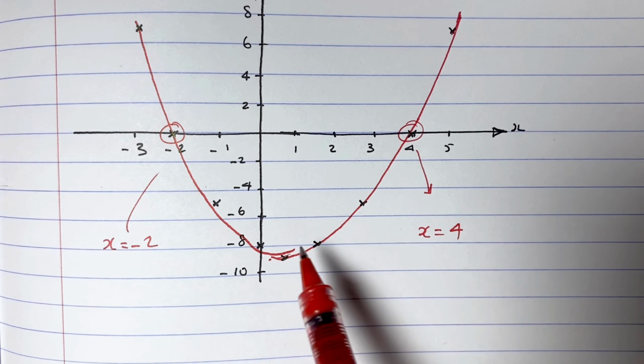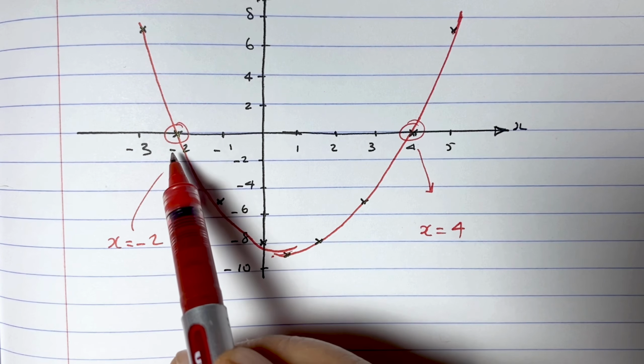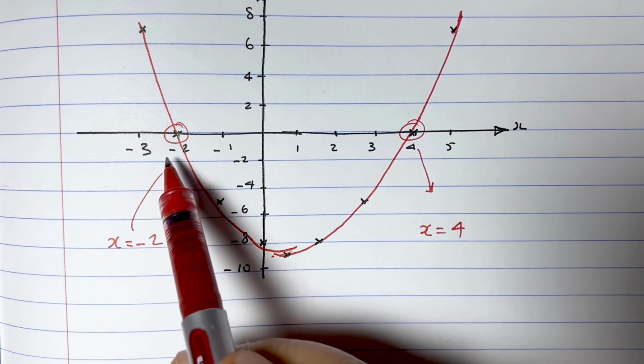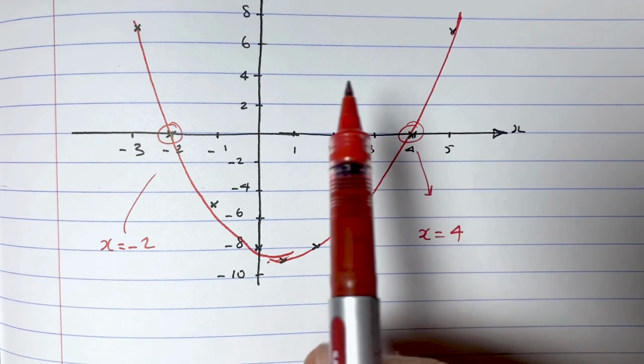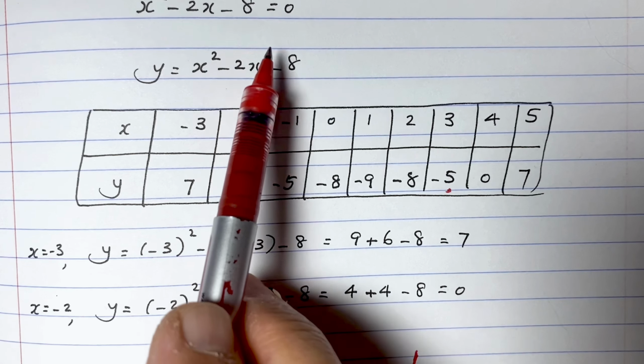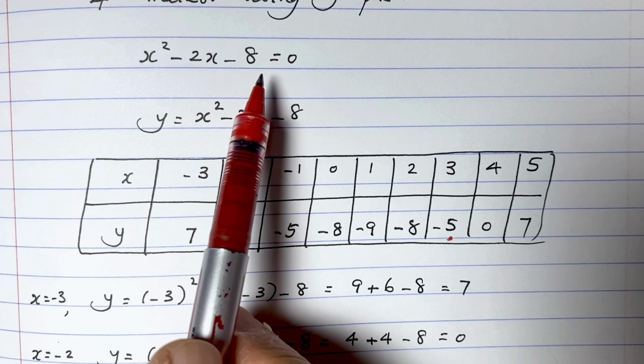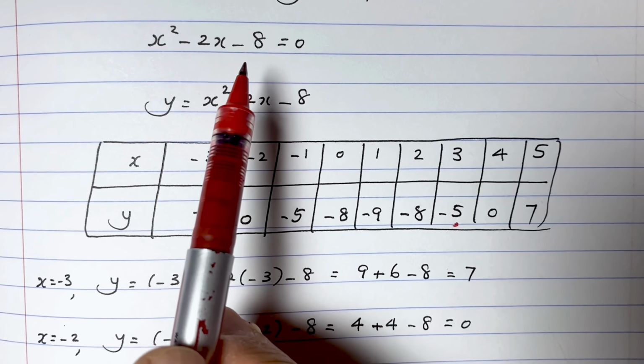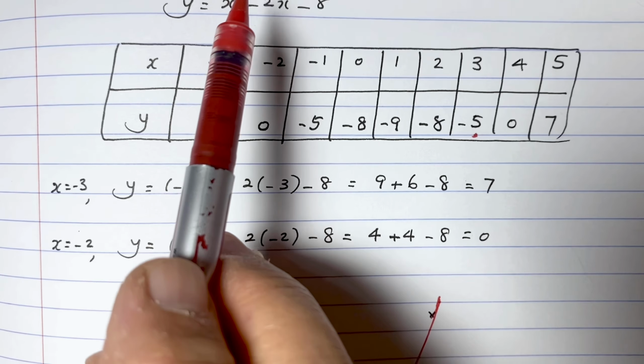Now, the reason I'm getting round numbers like -2 and 4 is because the equation x squared minus 2x minus 8 equals 0 was factorizable. So I would get whole numbers.